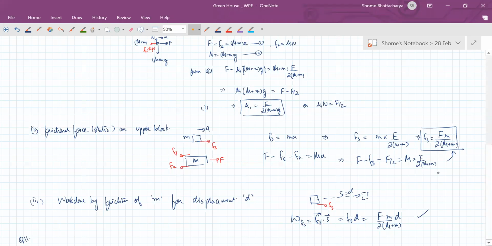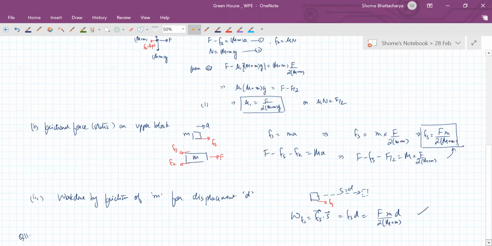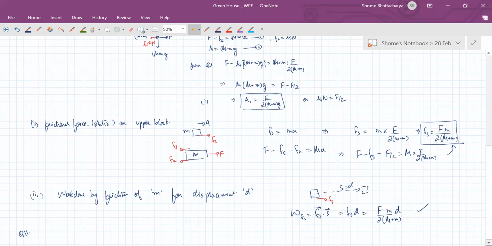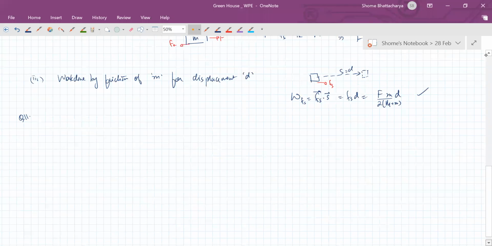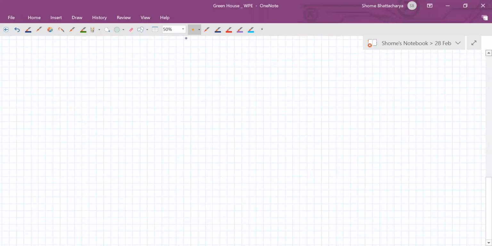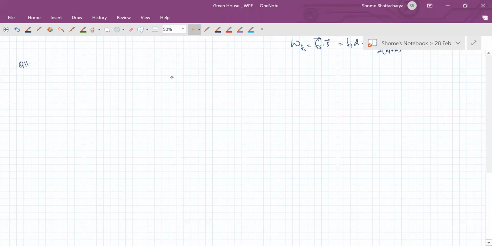Okay, now question 11. What is happening is that we are applying the force at an angle of theta with respect to the horizontal.